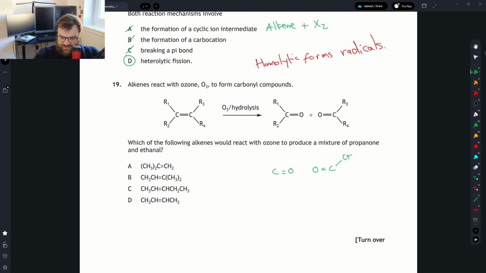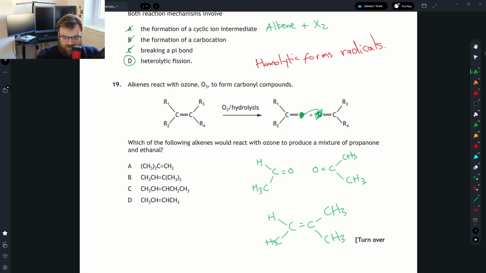So I need to have a CH3 there and CH3 there, and then I want ethanal. Just put H there, then we'd have a CH3 there. Going between them, what we're going to do is get rid of the oxygens and squish them together by a double bond. So we'd have H going to C, double bond to C, CH3, CH3, and CH3.